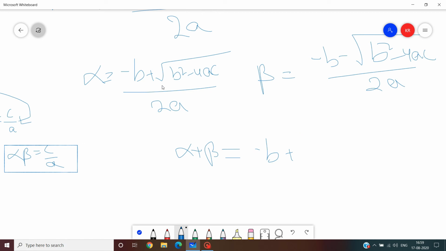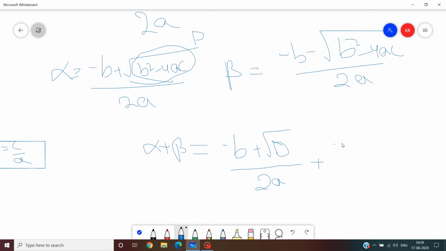So I will take this complete term as capital D. Plus root over D by 2a. This is not b, it is D, and plus minus b minus root over D by 2a.